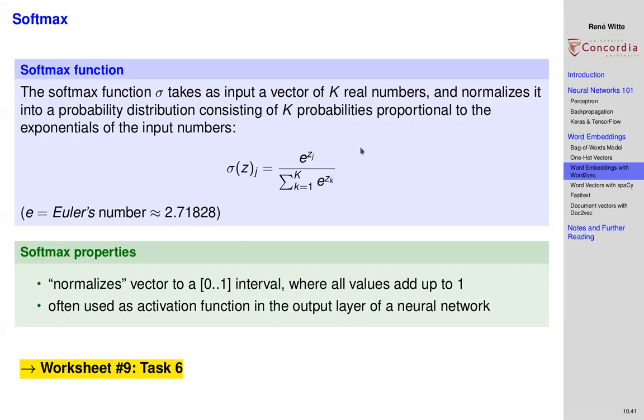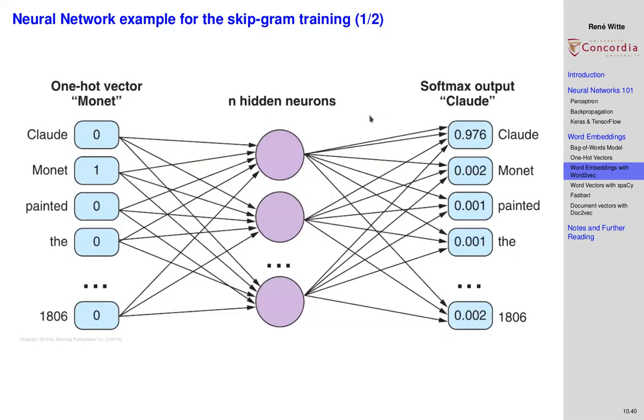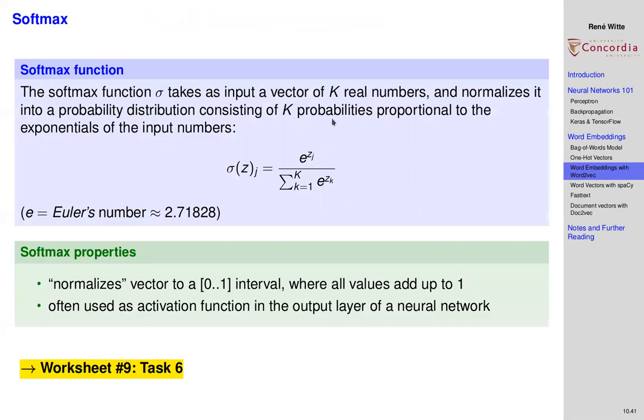The main idea of softmax is that when you compute the output vector, because you can have all kinds of weights, the output values can be all over the place. Can be some large values, some small values. And with softmax, we can basically normalize them into an interval between 0 and 1.